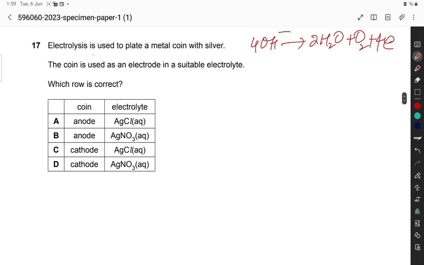Question number 17. Electrolysis is used to plate a metal coin with silver. The coin is used as an electrode in a suitable electrolyte. Which row is correct?